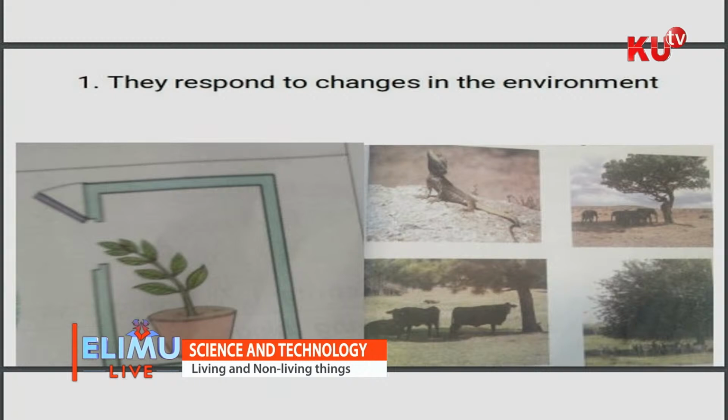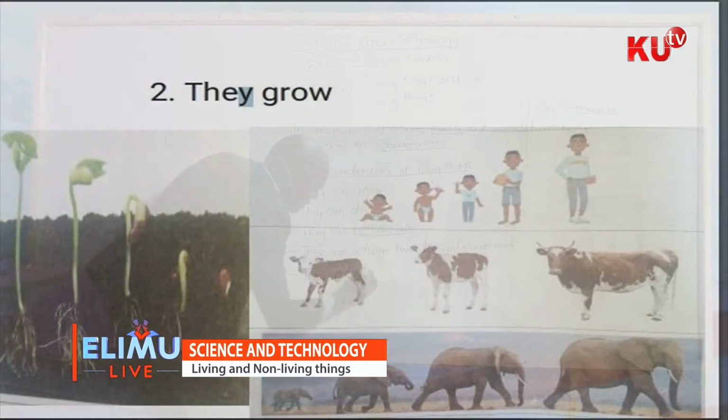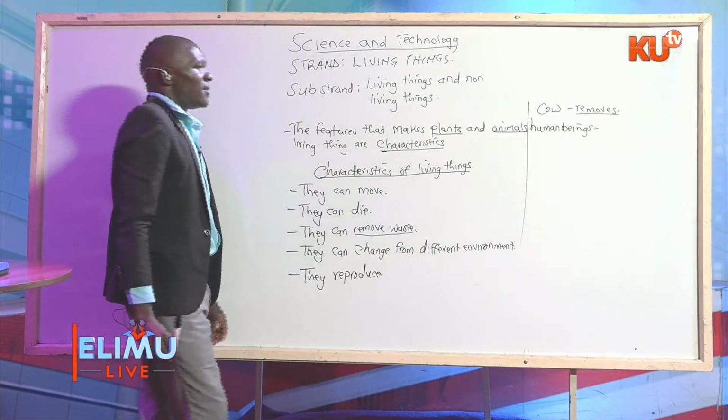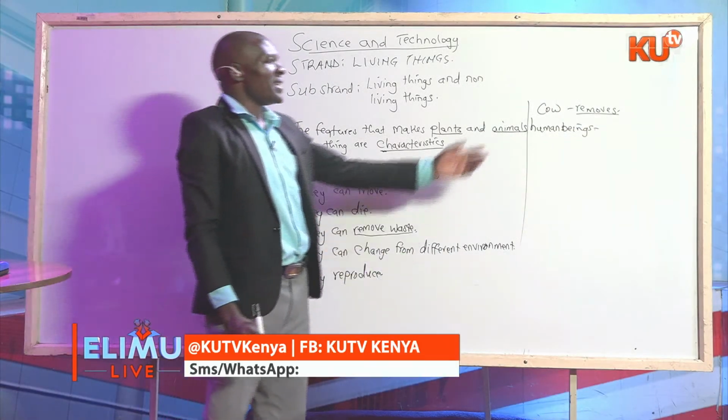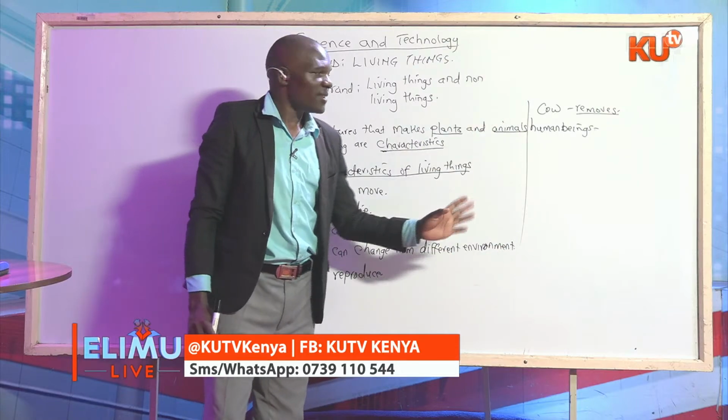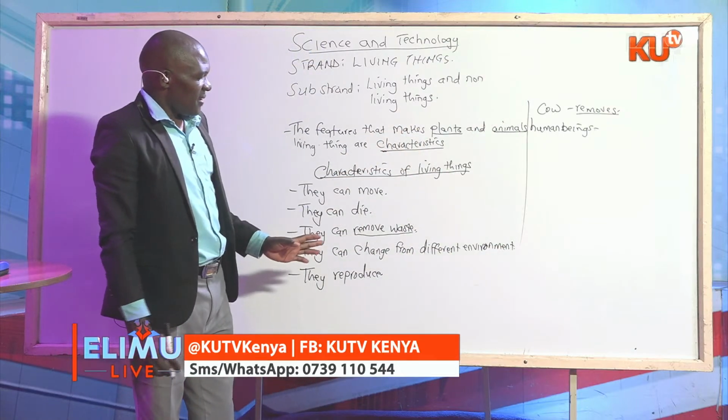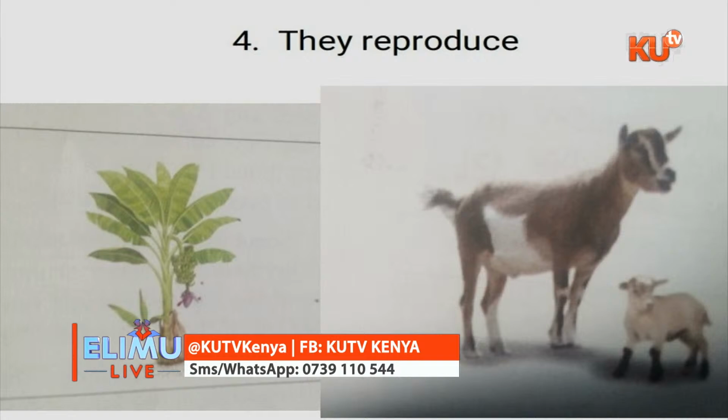We also have another characteristic: they reproduce. This begins from human beings, cows, cat, elephant, lion. They reproduce, which means they have got young ones.